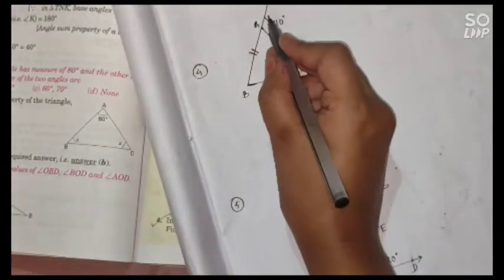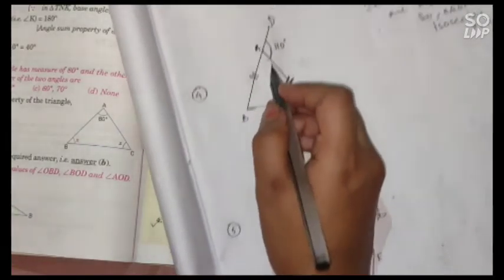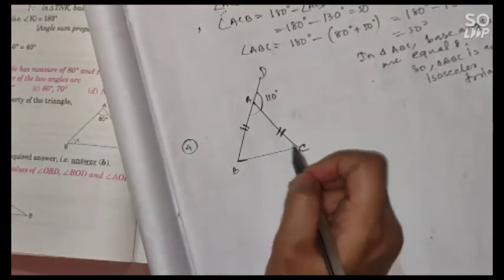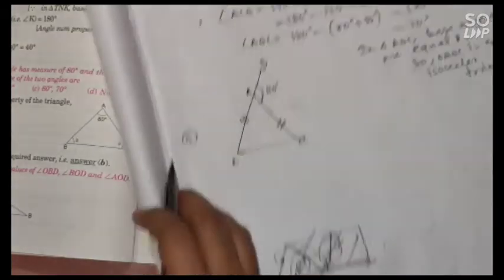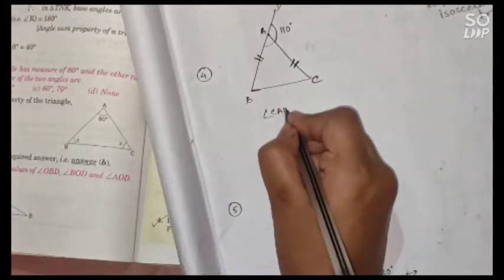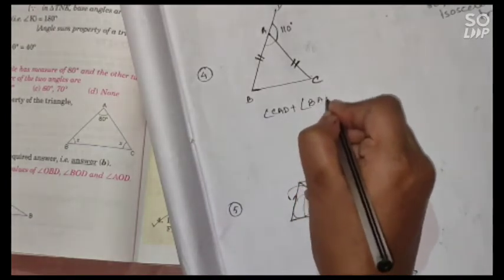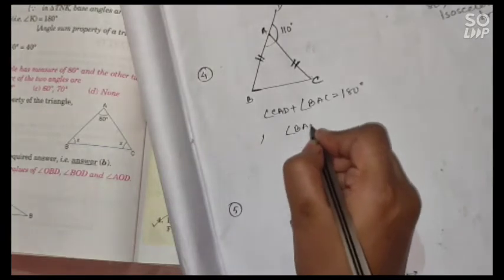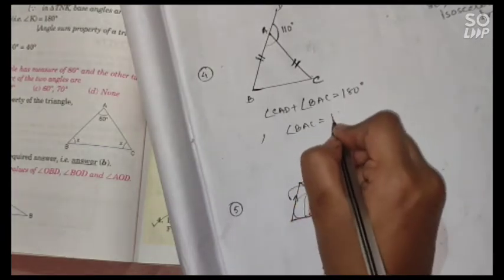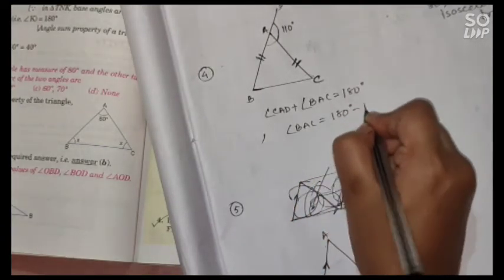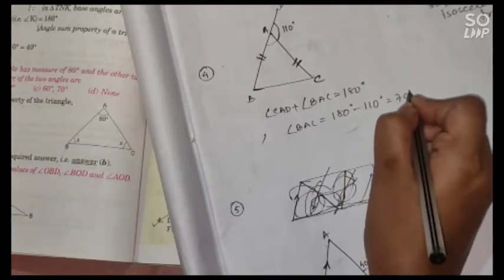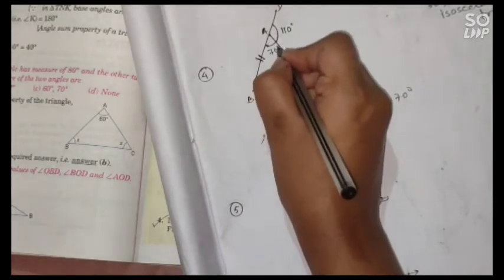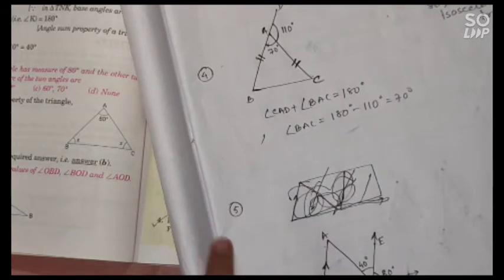You can see that this forms a linear pair, angle CAD and angle BAC. CAD plus BAC equal to 180 degrees. So angle BAC equal to 180 minus 110, that is equal to 70 degrees. So this value is 70 degrees.